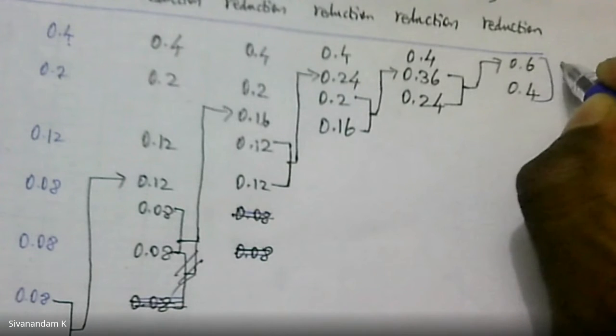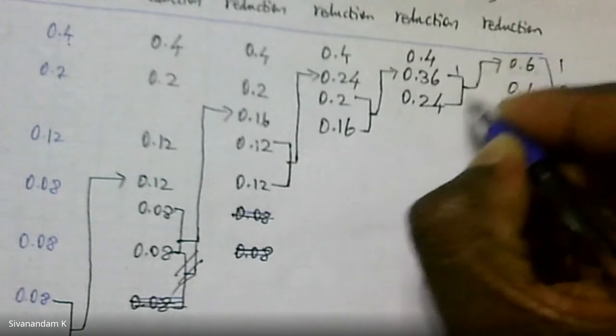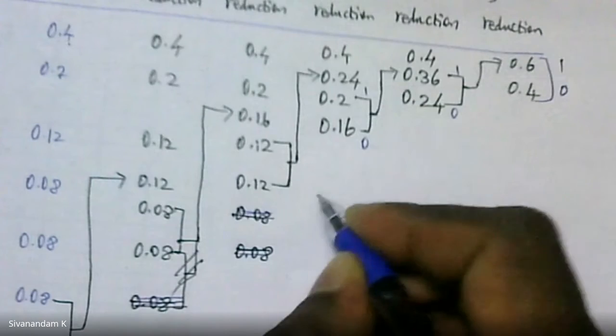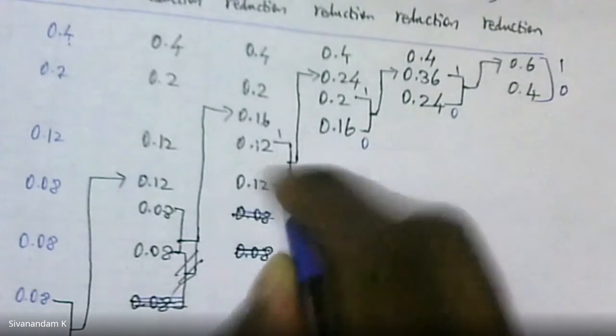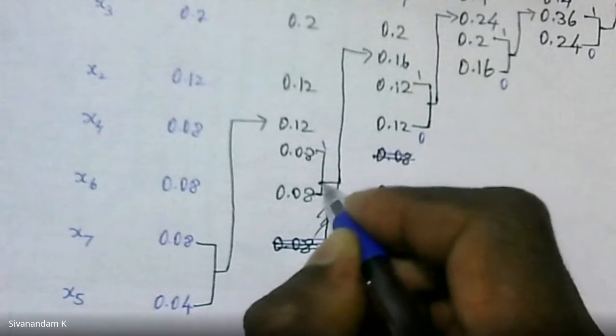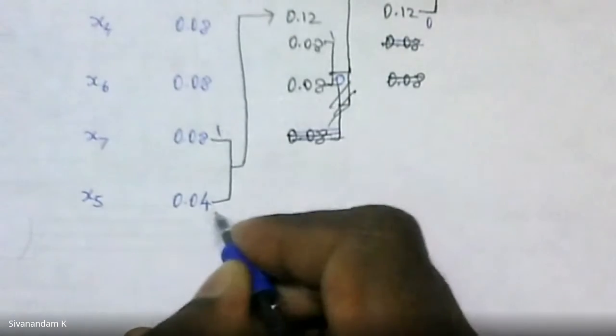So here 1, 0, here 1, 0, 1, 0, 1, 0, 1, 0.